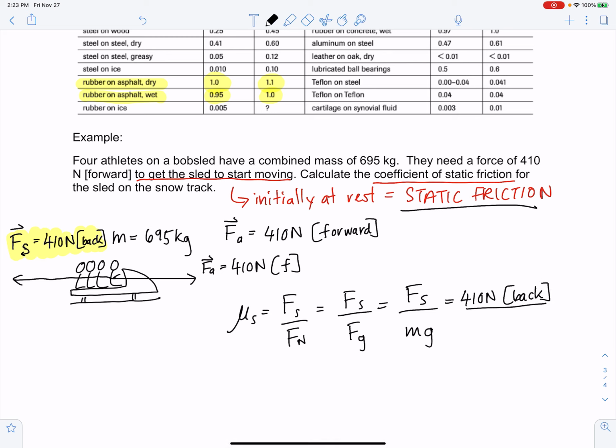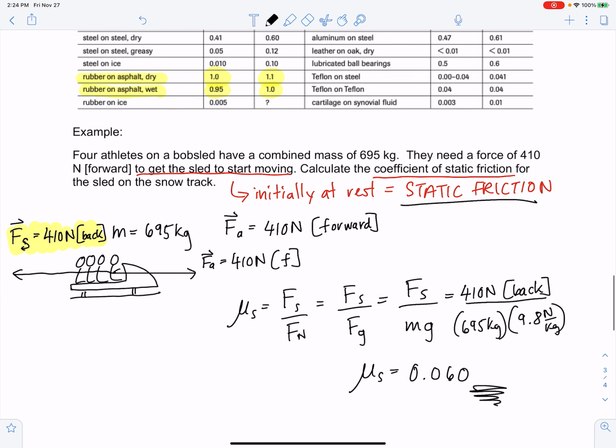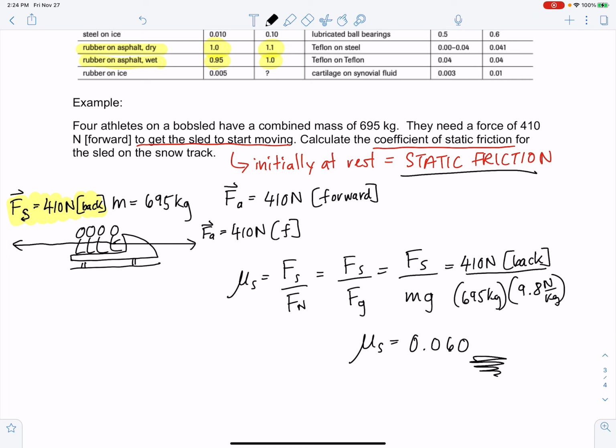If we punch this into our calculator, 410 divided by 695 times 9.8 equals 0.060. Notice you don't put any units, we just have a decimal number, and we can say the coefficient of friction for the sled on the snow track is 0.60.